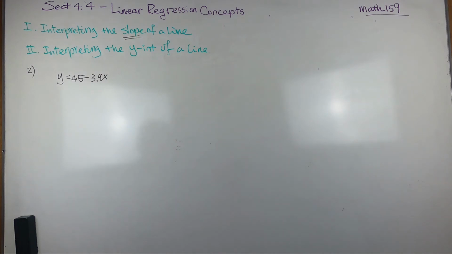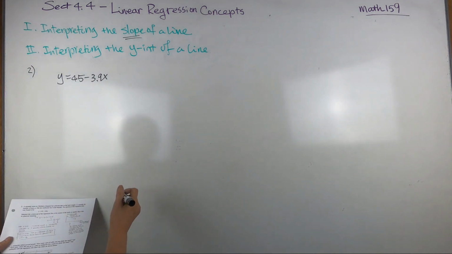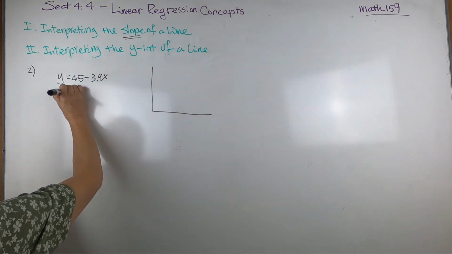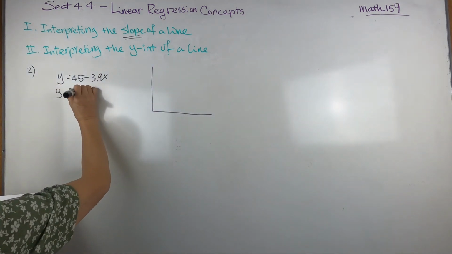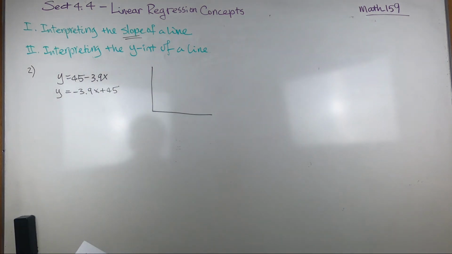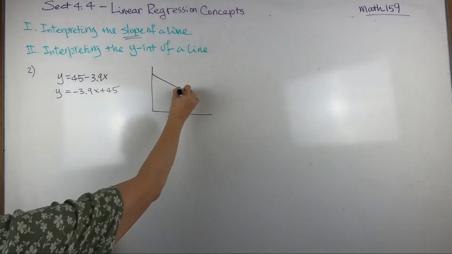X is your birth weight in pounds. And the number of days Y the newborn stays in the hospital. So we have the situation like this. If you write it y equals mx plus b, it should look like this. It's a negative slope, so it goes down.